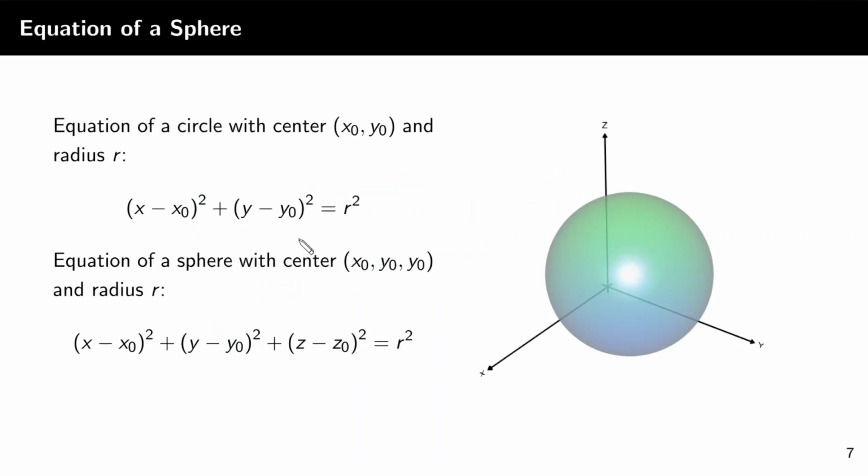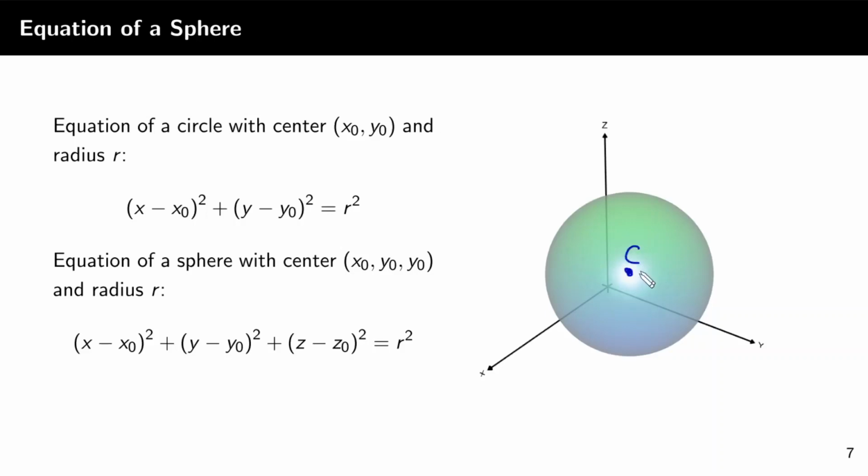Okay. Now let's look at the equation of a sphere. Ano nga ba ang definition ng isang sphere? If we have a fixed point which we are going to call the center, so imagine as a center to nitong sphere na to.